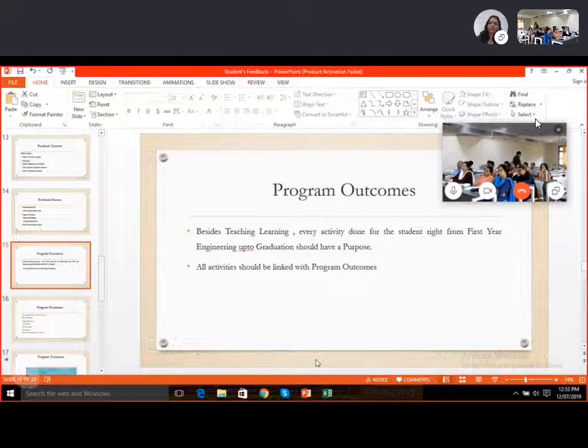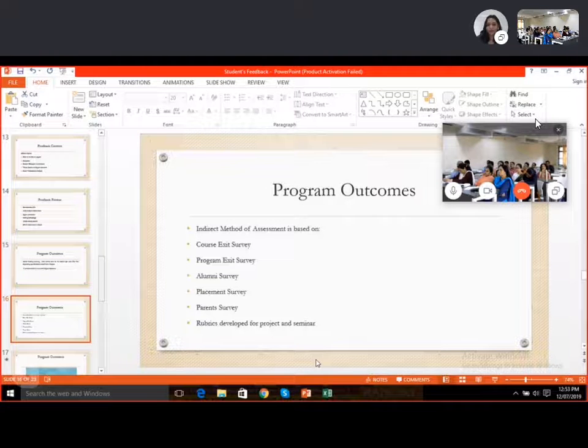It should not be the teacher who does the attainment of POs, but the students should do the attainment, and they should link the program outcomes. Only then can we say it is outcome based education nowadays.